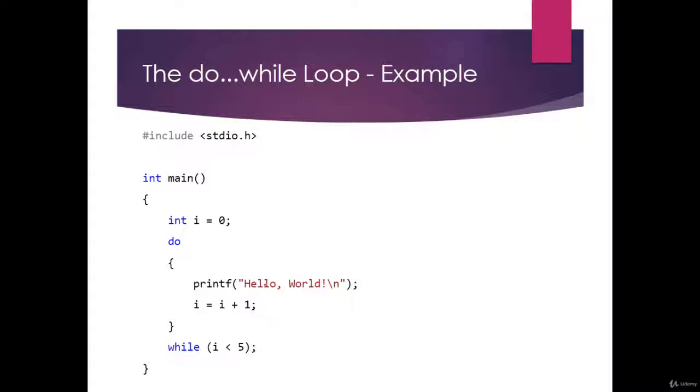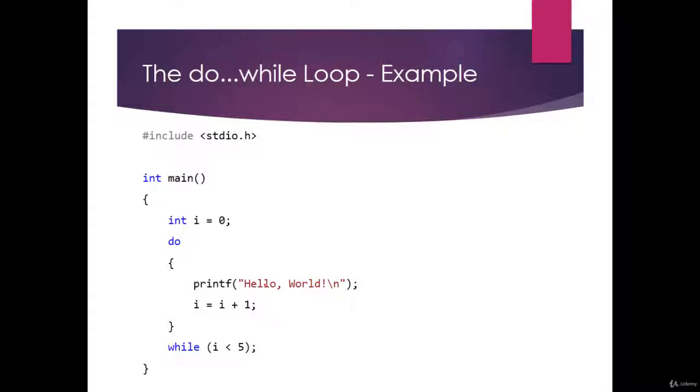A while loop checks a given condition, as I said, before it executes any statement in the body. In a do-while loop we have to execute the loop body before checking a given condition.